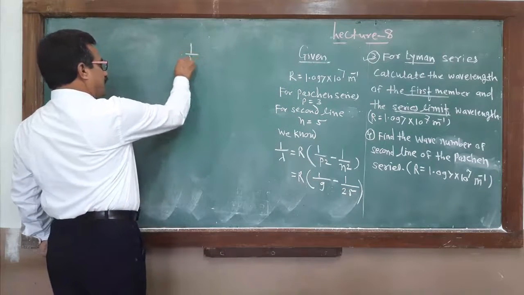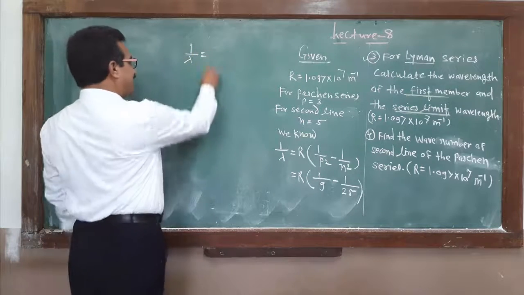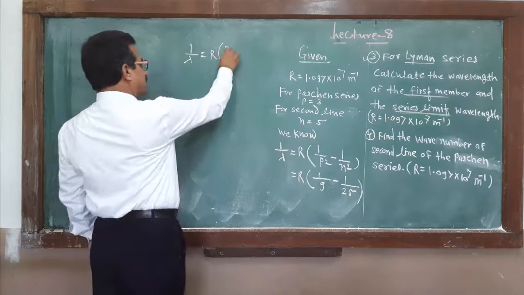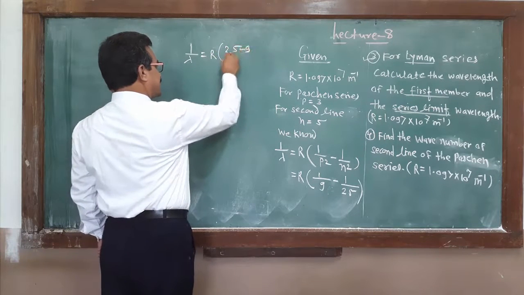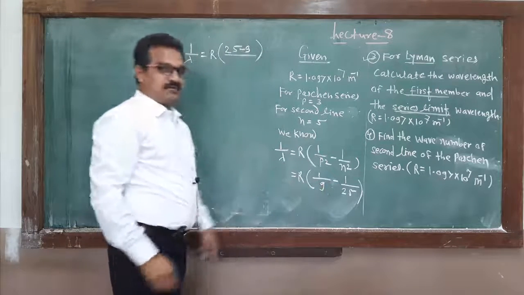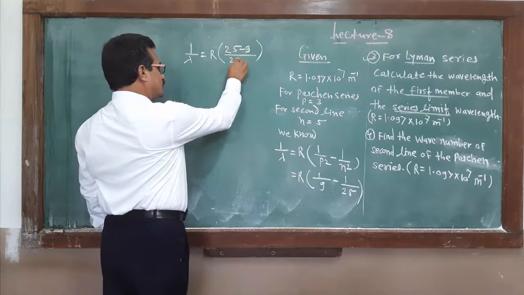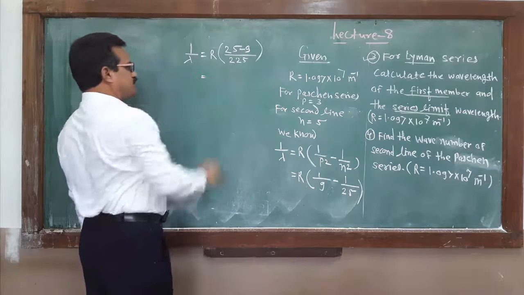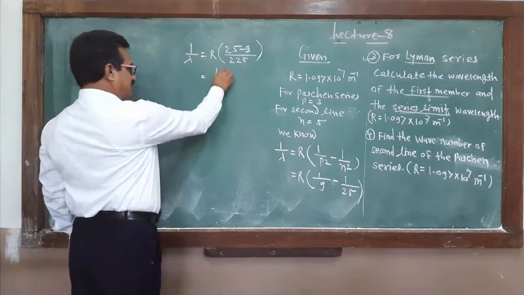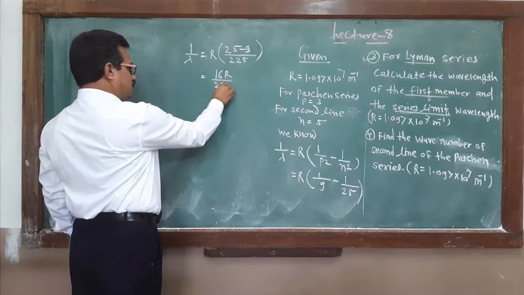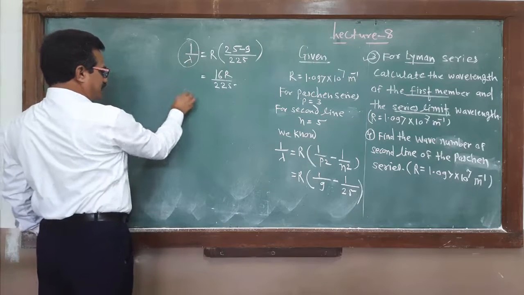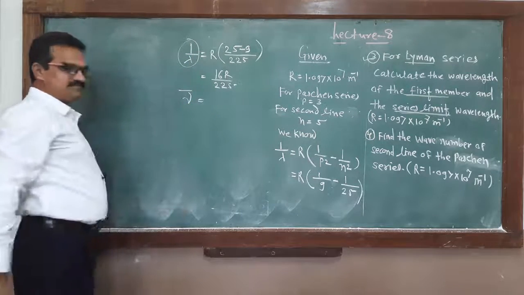Means 1 upon lambda is equal to R times 25 minus 9 divided by 25 multiplied by 9, here is 225. That is equal to 16R divided by 225.